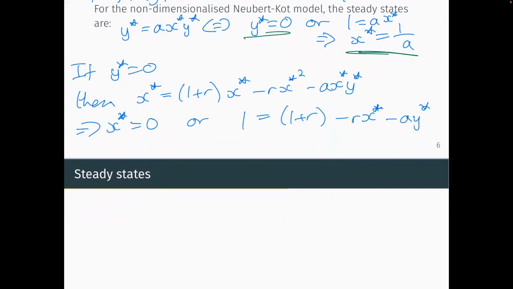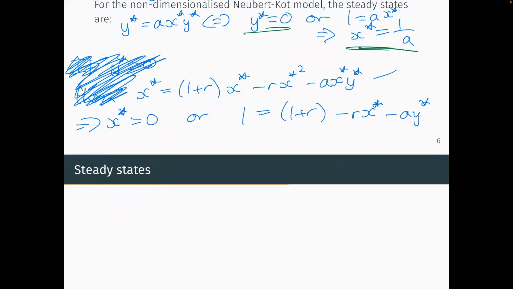This is true. I think the problem is this: if y is equal to 0. Let's ignore that for a second and just focus on what happens if we set this equation equal to x star. This is from my x t plus 1. So from that equation by itself, we know that x star must equal 0, or this thing here must be true. It would probably have been easier if I had done this equation first rather than the one above, which kind of confused things a bit.